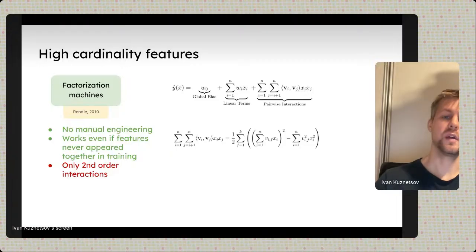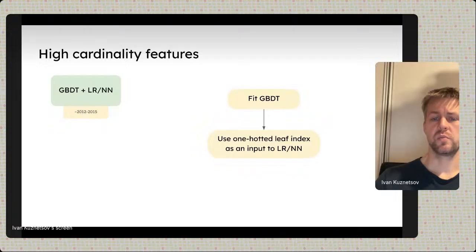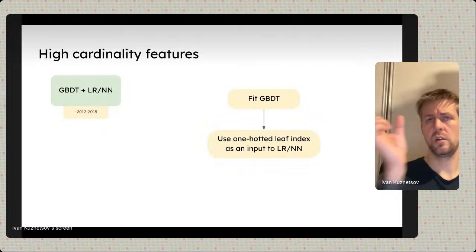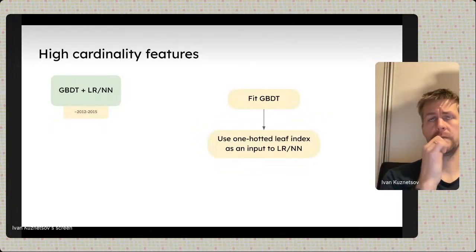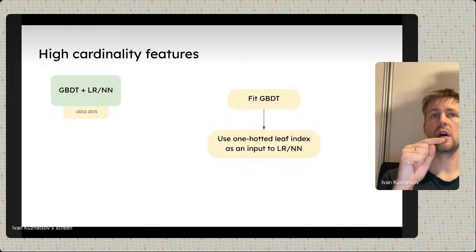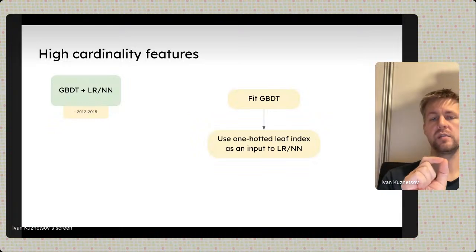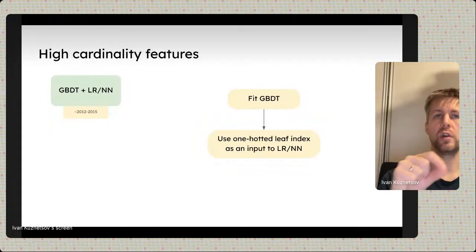We don't want to do that. Then another option, which Facebook used a lot, is you use gradient boosting decision trees and you fit them on your data. And then for any incoming data point, you apply this gradient boosted decision tree, and you use the leaf ID as a one hot encoded feature.